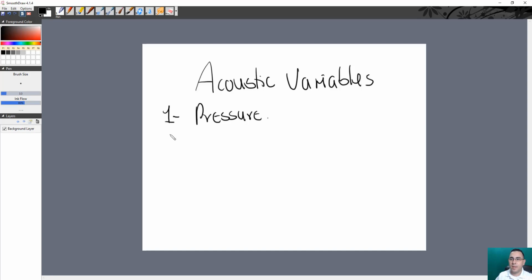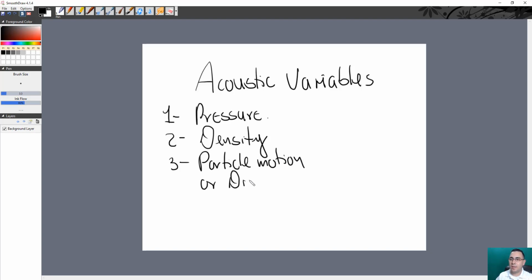Number two, we have the density. And number three, we have the particle motion or distance.